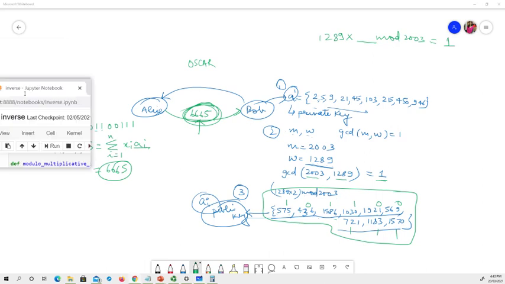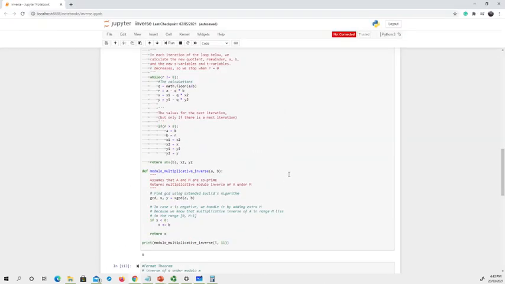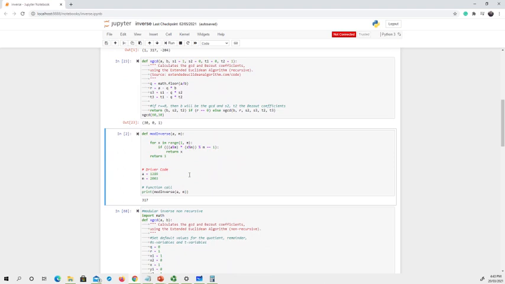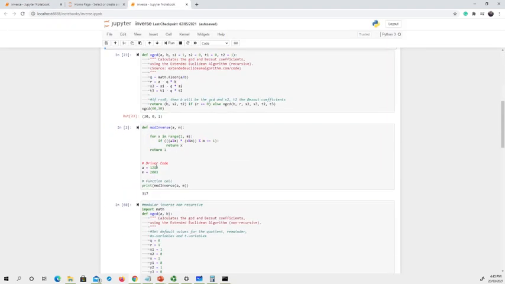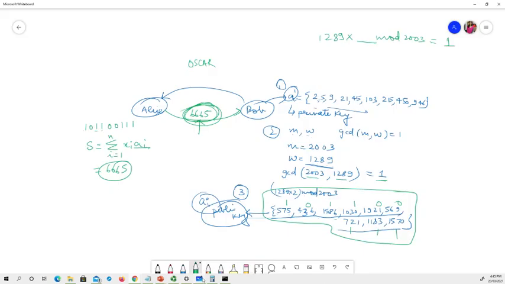If you do not recall, I would encourage you to go back and see how you can calculate the modular inverse. But the modular inverse of 1289 modulo 2003 would be 317. If I multiply 1289 with 317 under modulus 2003, I would get the value 1.